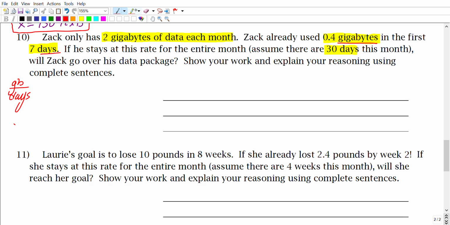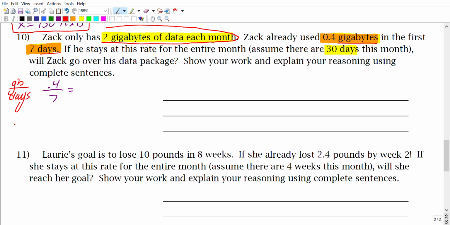Well, I see them right here: 0.4 gigabytes in the first 7 days. So that's the first thing I'm going to go ahead and write down here. So 0.4 over 7 days.